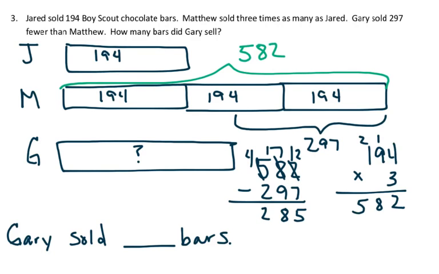So 285, so that was the difference. So this is going to be 285. And Gary sold 285 chocolate bars.